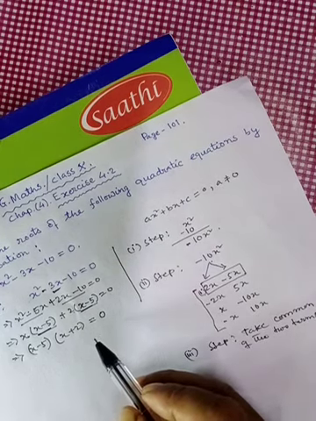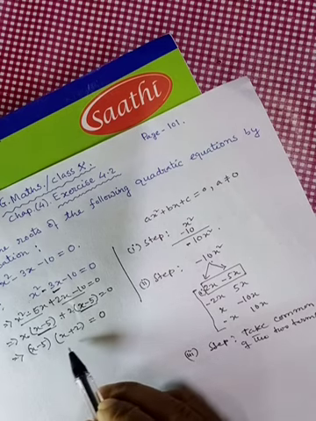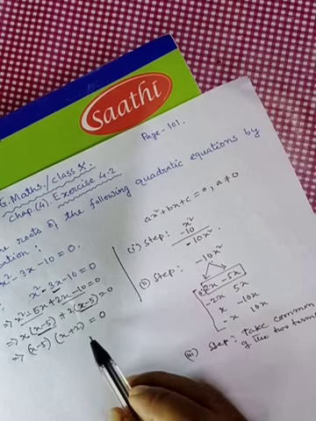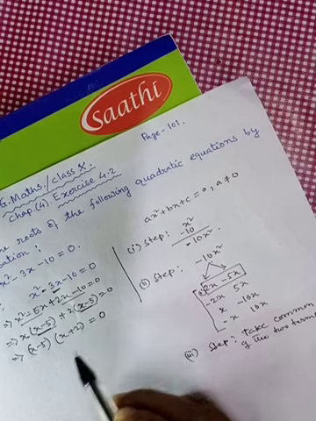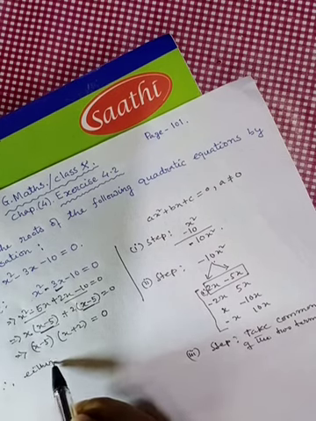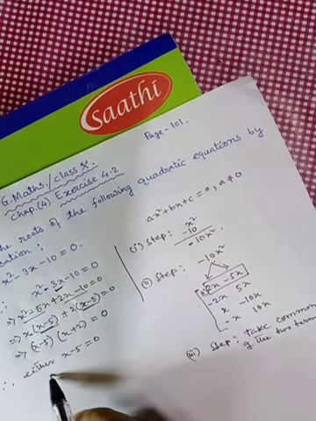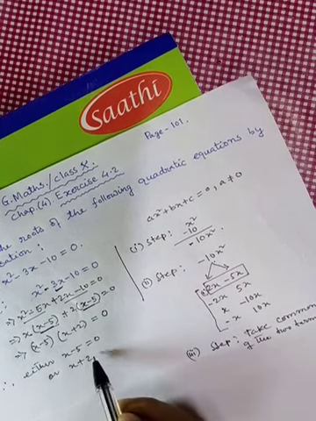Now we know that when the product of two numbers is equal to 0, then one of them must be 0. So therefore either x minus 5 equal to 0 or x plus 2 equal to 0.